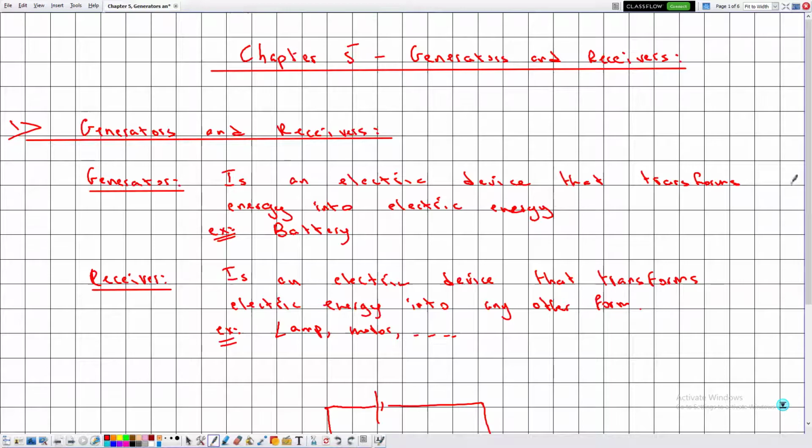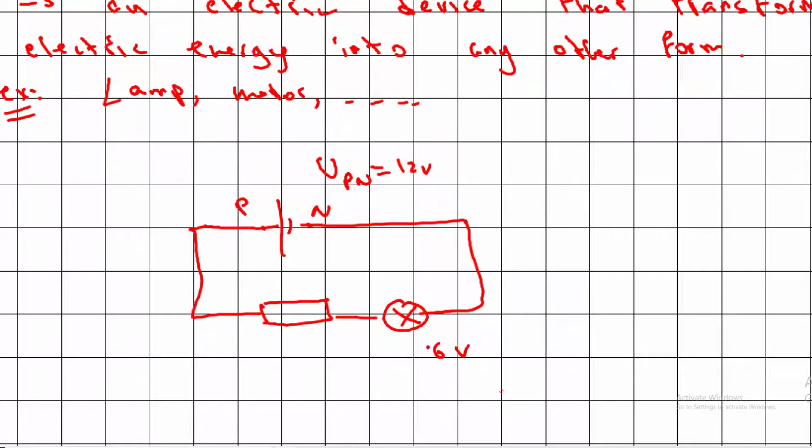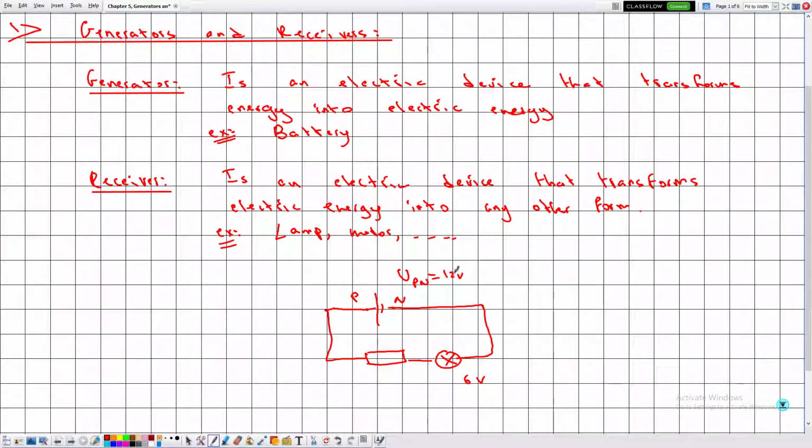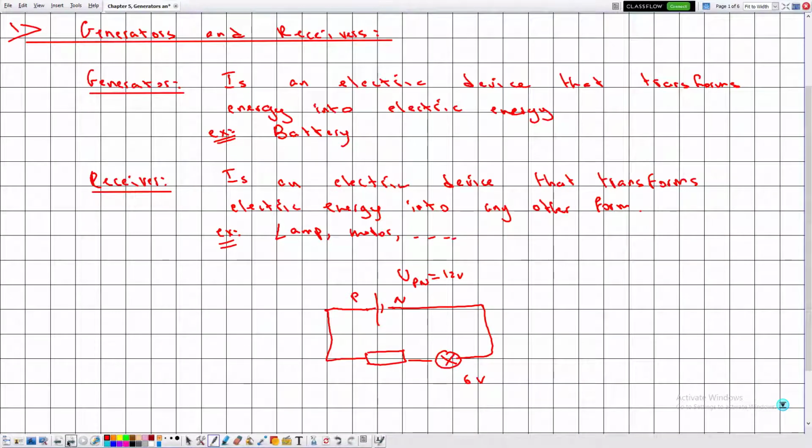Previously we know that for each battery, say for example, suppose that the voltage across the battery is equal to 12 volts. Previously we have also discussed the indications on a lamp. So if the lamp carries the indication 6 volts, we know what is meant by this indication. Now we need to discuss the indications on a battery that we didn't discuss until this moment.